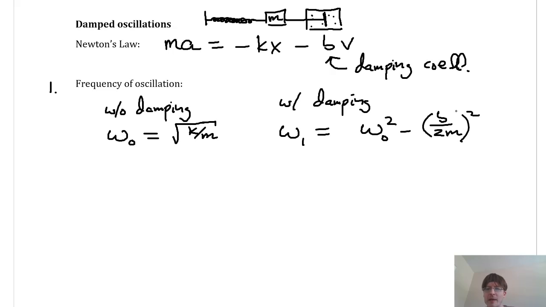And you've got to square that, and you combine the two terms under the square root. So notice that omega 1 with the damping is smaller than omega naught. You're subtracting off this damping piece here. Now, the second effect, without damping, the amplitude is just constant.